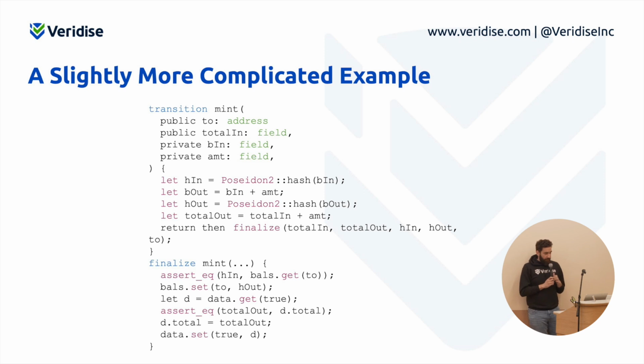So instead of posting the actual value that was minted to the blockchain, we first hash how much the user had before this mint, then hash how much they will have after the mint, and we pass these hashes into the blockchain.